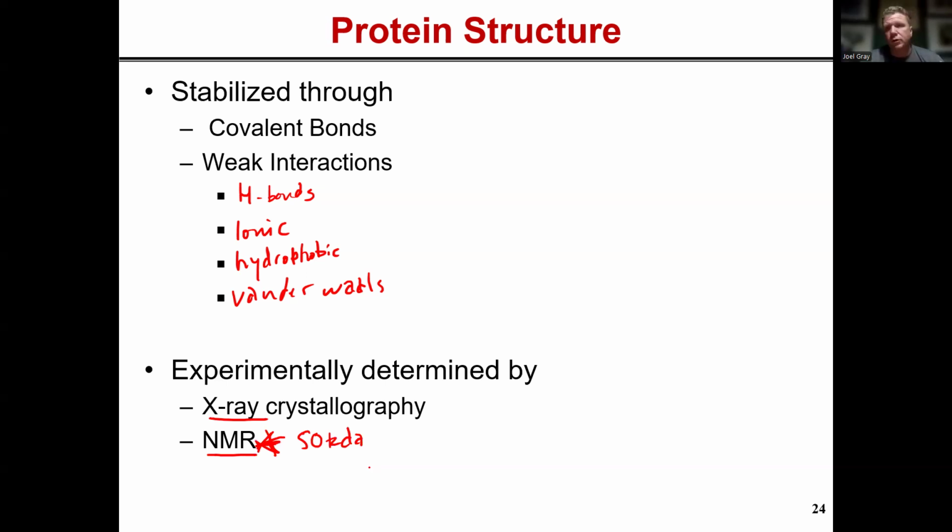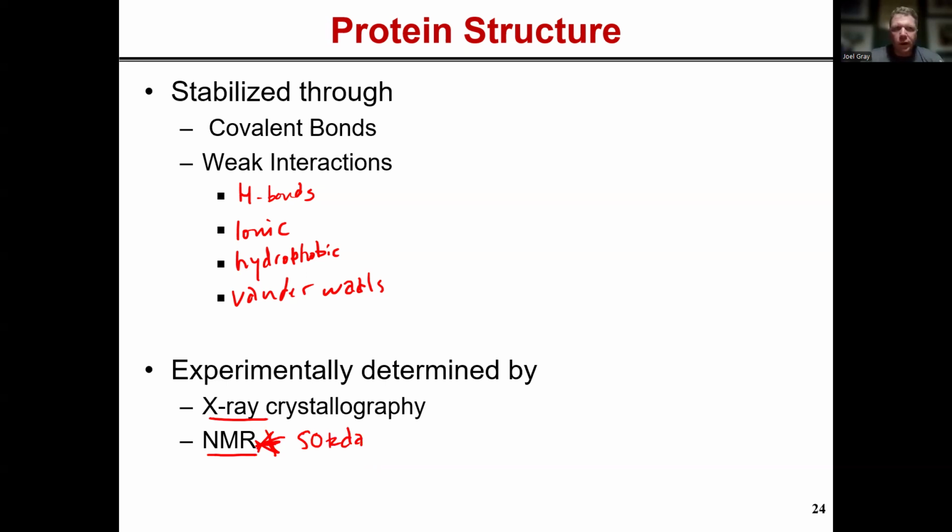You can't really solve the structure by NMR of a protein that's larger than 50 kilodaltons. X-ray crystallography doesn't have that, but there are some technical limitations to X-ray crystallography, just as there are with NMR.